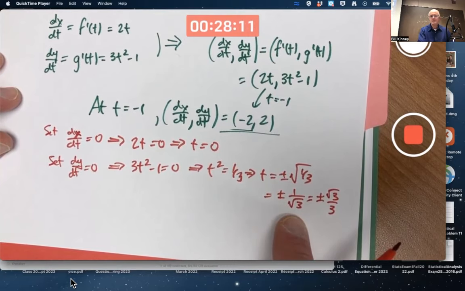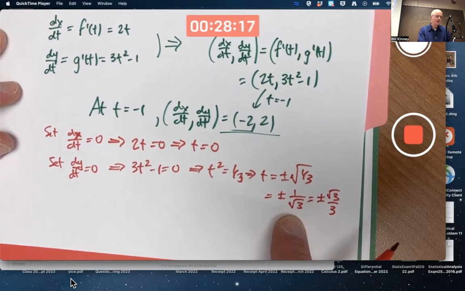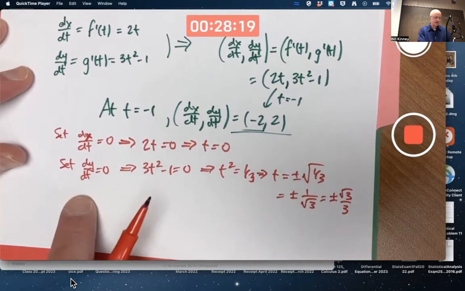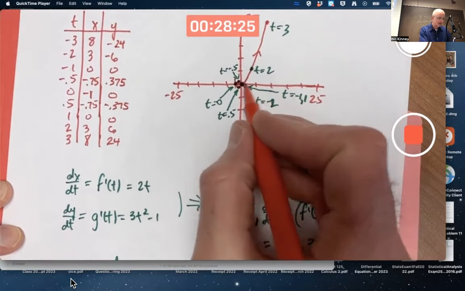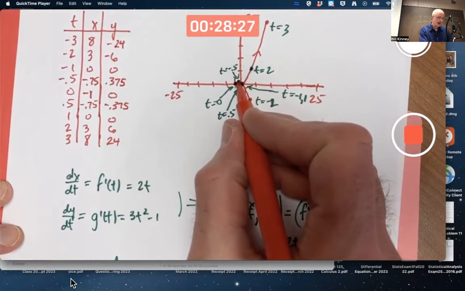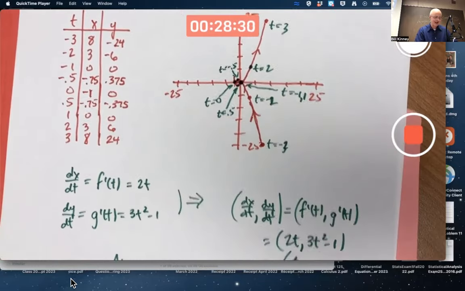At that moment in time, which is between 0 and 1, plus or minus, that's where dy/dt is 0, where the vertical component of velocity is 0. That's where the tangent is horizontal. Close to negative 0.5 and positive 0.5. I bet it's not exactly those, right?